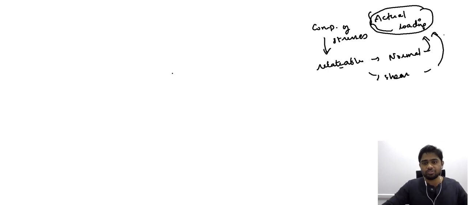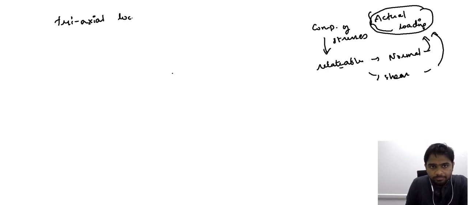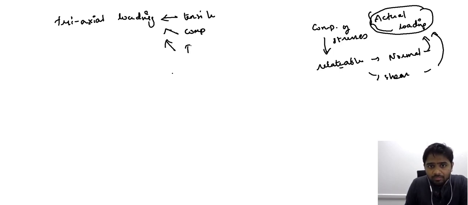Now in the previous lecture we saw that when you consider the most generalized case of triaxial loading, this could be tensile, or compressive, or any combination of tensile and compressive.